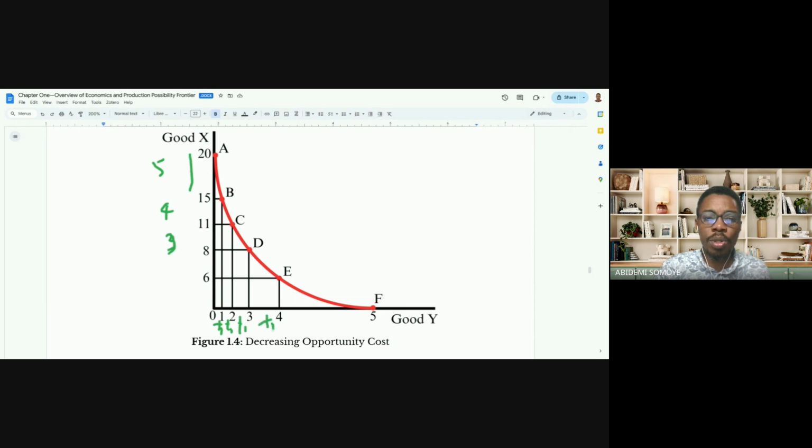So if you need one more unit of something, or to produce more units of another, for decreasing opportunity cost, you have to give up less of the other good. So increasing, give up more. Constant, the same. Decreasing, give up less.